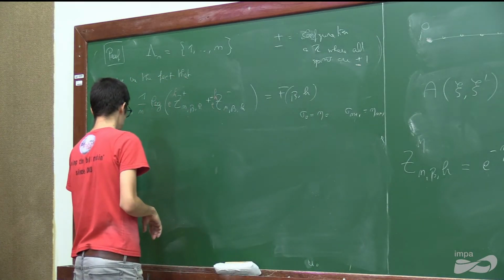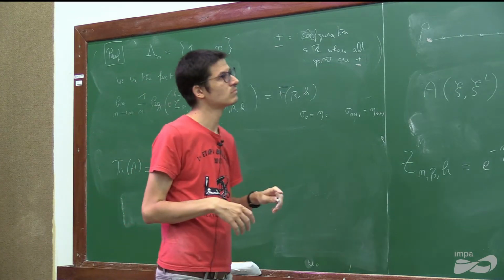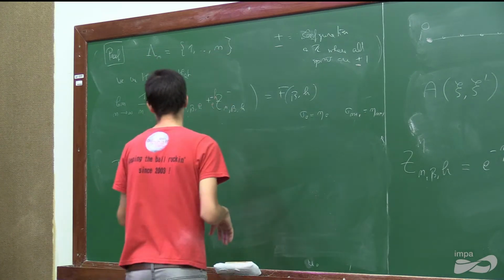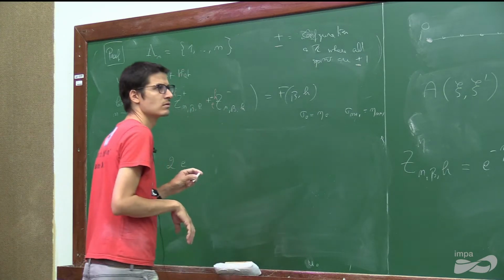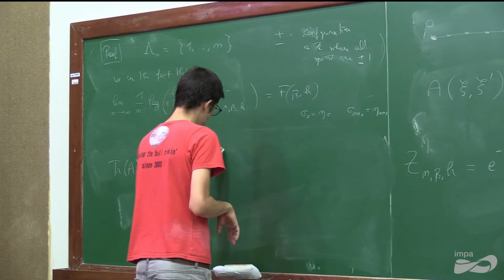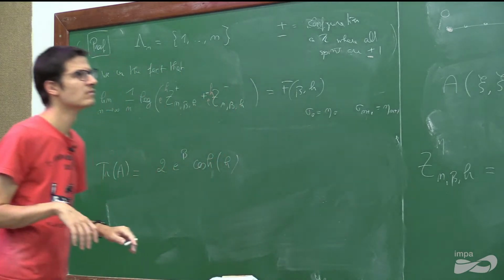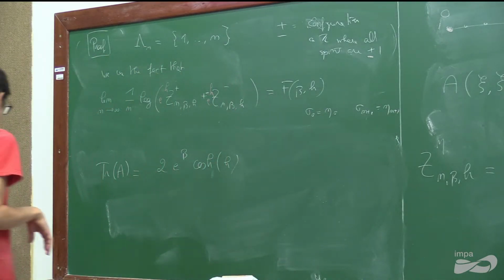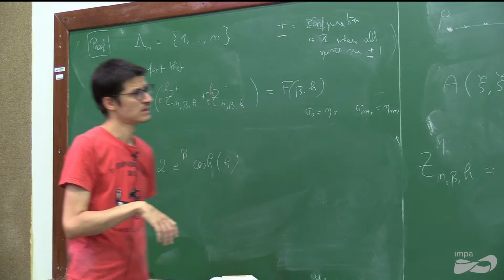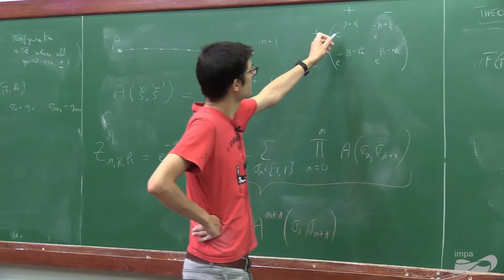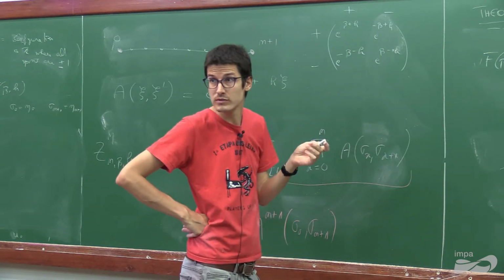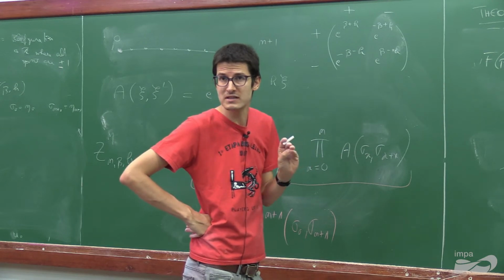The trace of A is equal to 2 exponential beta times hyperbolic cosine of H. The determinant of A is equal to exponential 2 beta minus exponential minus 2 beta. So it's 2 times hyperbolic sine of 2 beta.